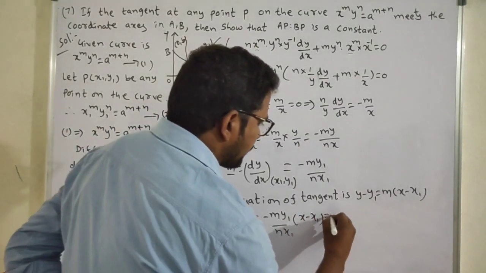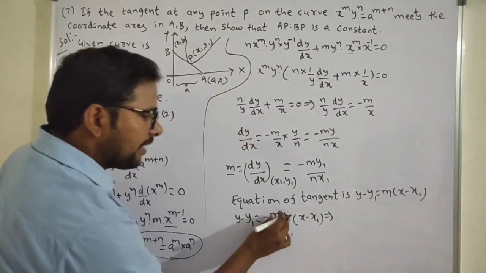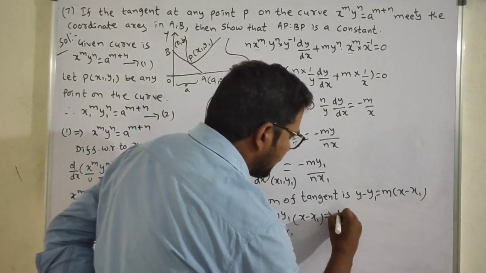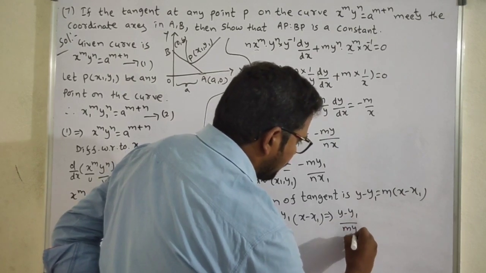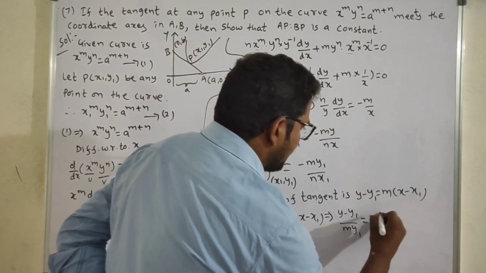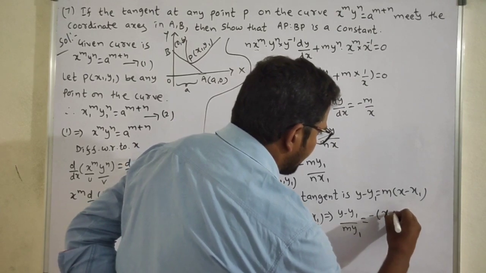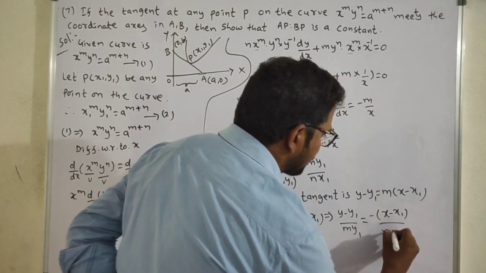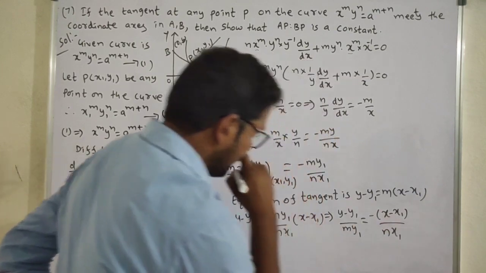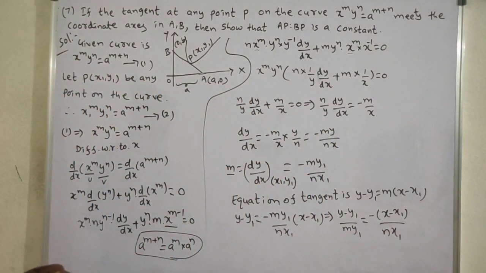So this implies, send m y1 to the left side, what happens? y minus y1 by m y1 is equal to minus x minus x1 by n x1.